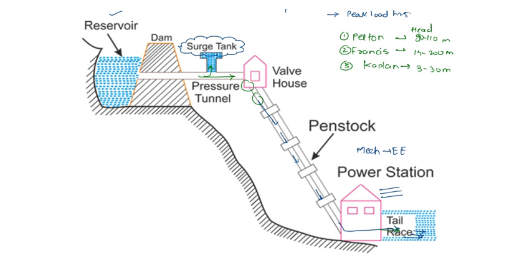This is called a run of river power plant. Second is the reservoir power plant. That means we have seen the reservoir power plants. We can reserve the water and we use it for our necessary purposes.